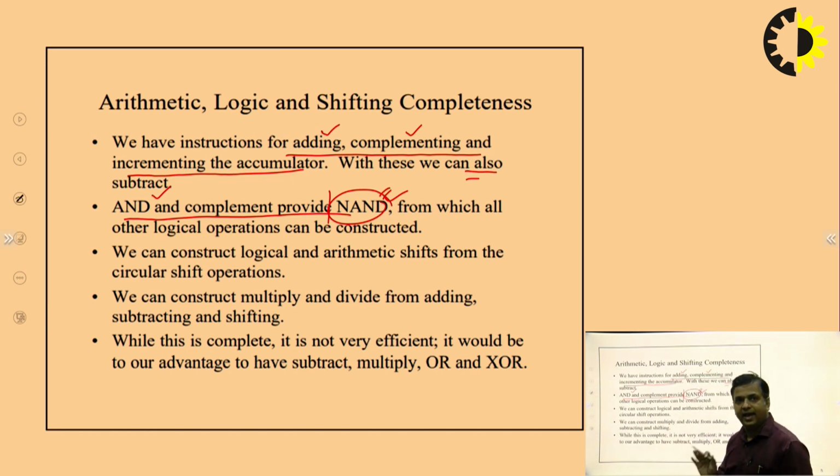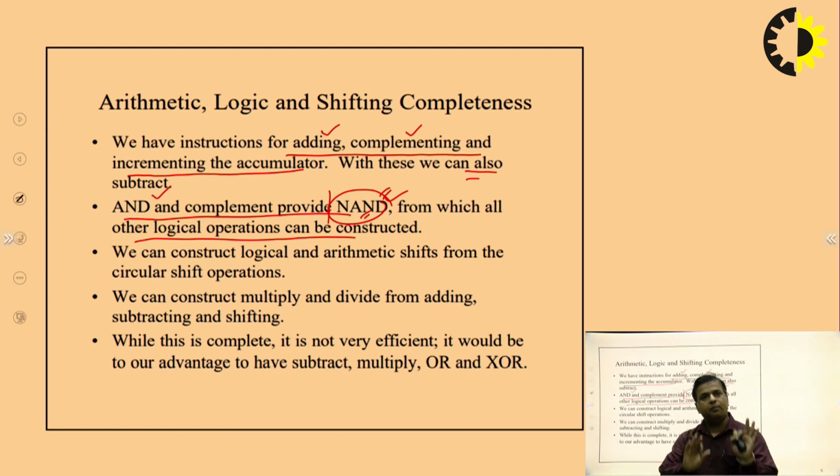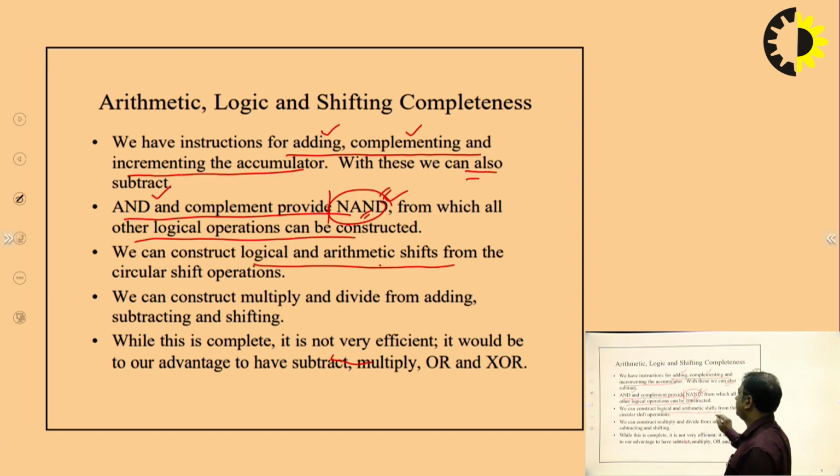So once we have the NAND operation, with its help we can create all other logic operations, right? That means AND and complement are enough to produce all the possible logic operations. Next, we can construct logic and arithmetic shifts from the circular shift operation. So if we have a circular shift operation, then we can create all the logic shifts and arithmetic shifts.